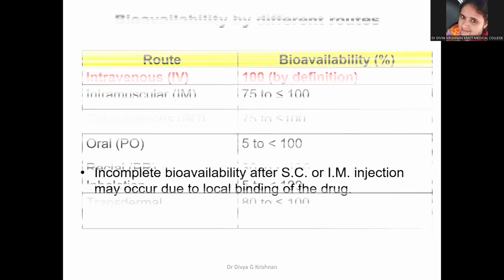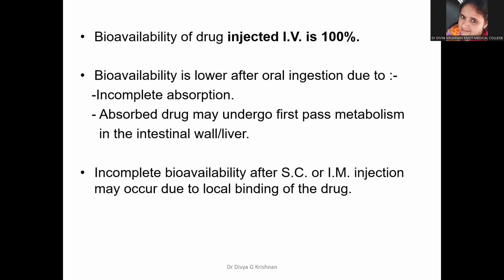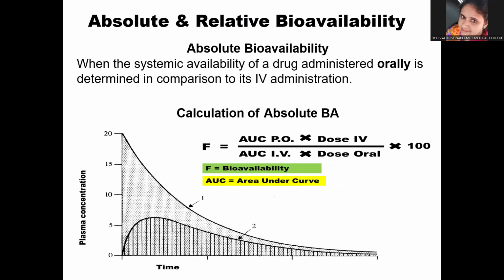Now let us see the difference between absolute and relative bioavailability. Absolute bioavailability is defined as the systemic availability of a drug administered orally compared to its IV administration.